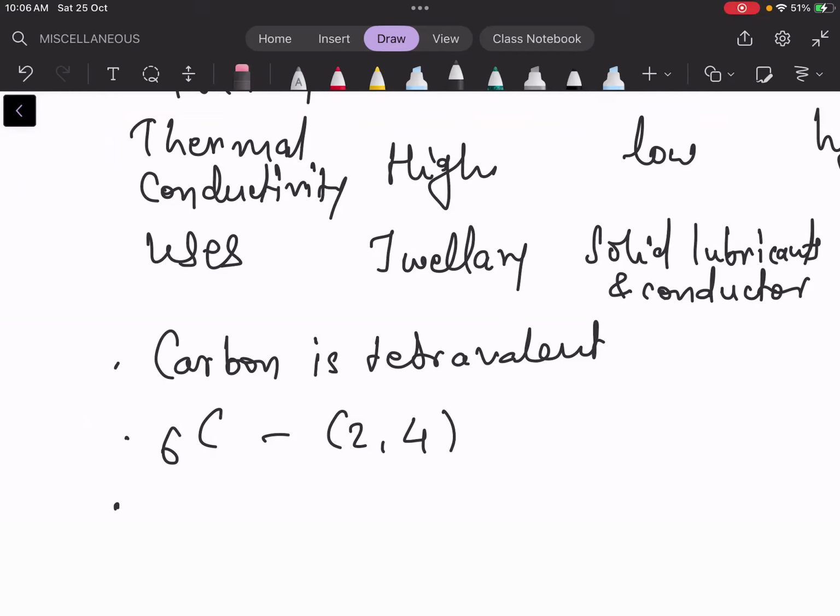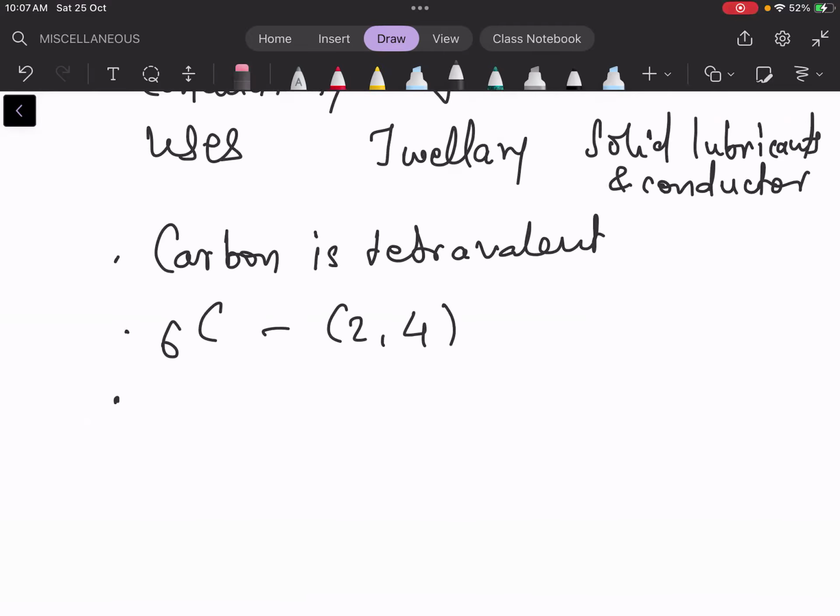Chemical reactions of carbon, or chemical properties of carbon. Before studying chemical properties, we'll study types of bond in carbon.